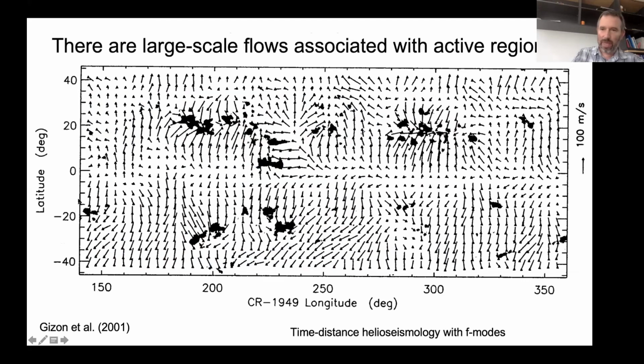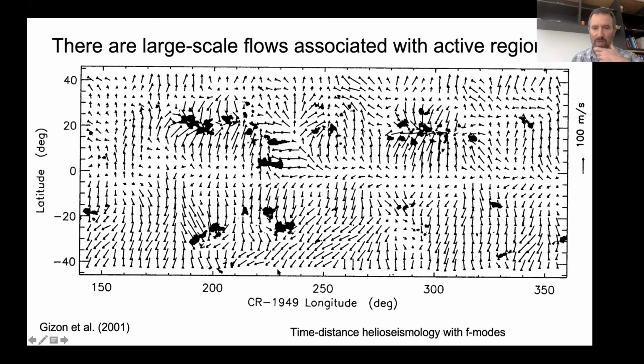And a nice thing about local helioseismology is that you can look at that at a finer level of granularity. Here's one example. So now we're looking at a time period that just covers one rotation of the sun. You let the sun rotate underneath you and you can build up a map that covers a range in longitude.